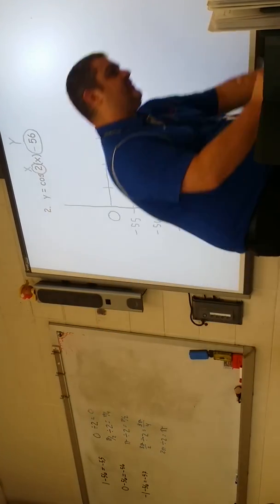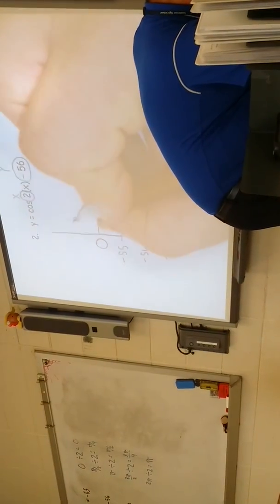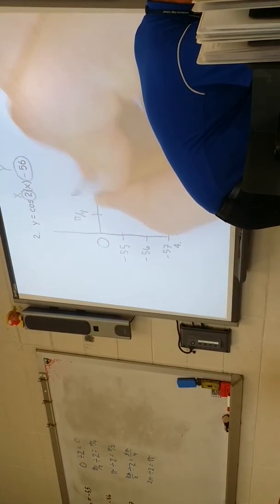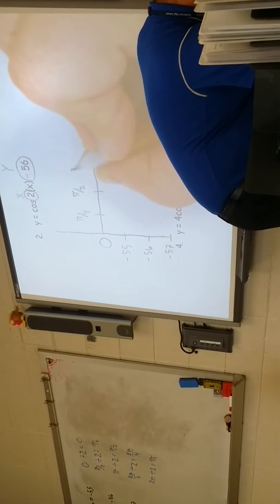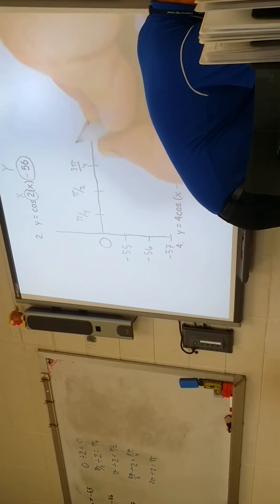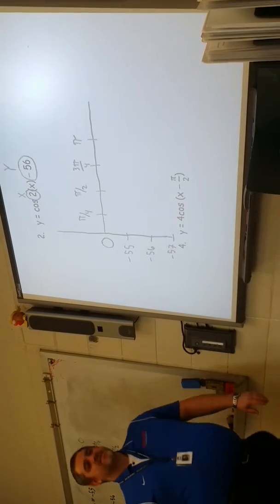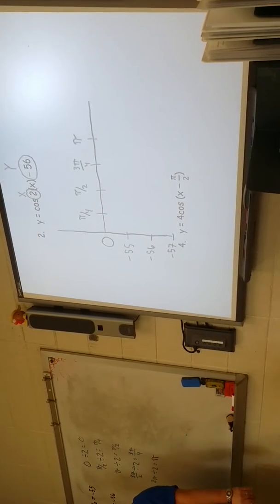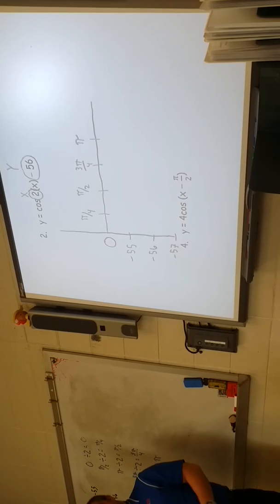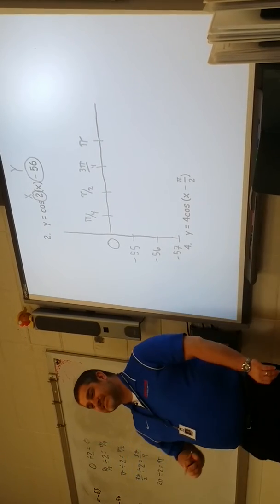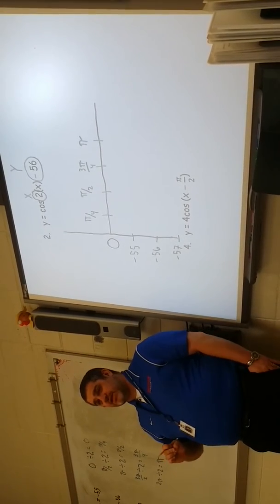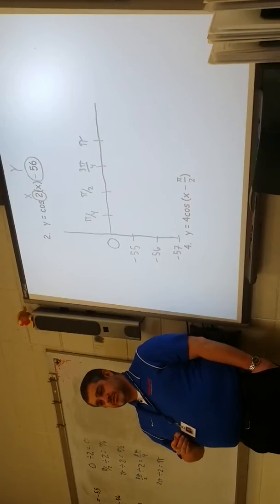Is this one left, middle, bottom, middle, up? Does cosine start at the top or the middle? The top. What's my top y value that I'm allowed to use? 0?